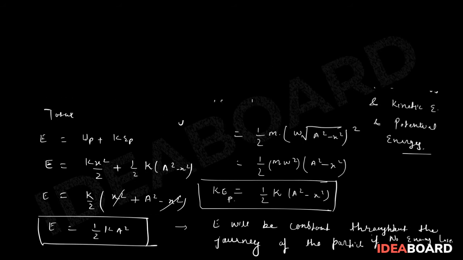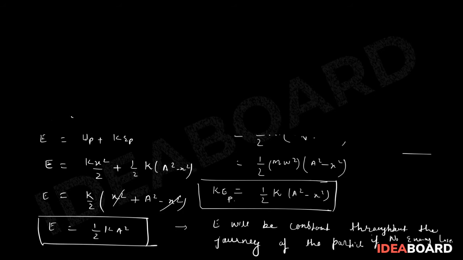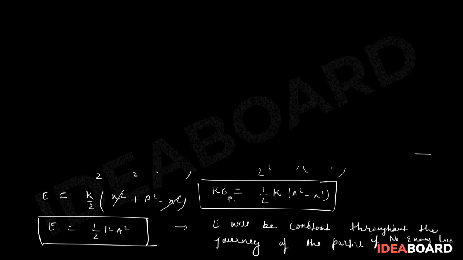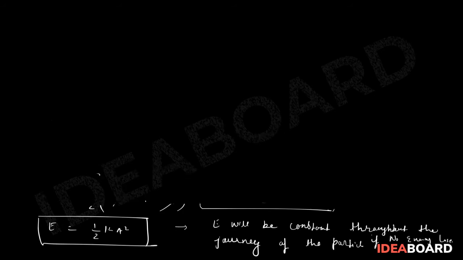Now we can also draw a graph for better understanding. So for the graph, kinetic energy we obtained half k into a square minus x square, potential energy we obtained half k x square, and total energy we obtained half k a square.